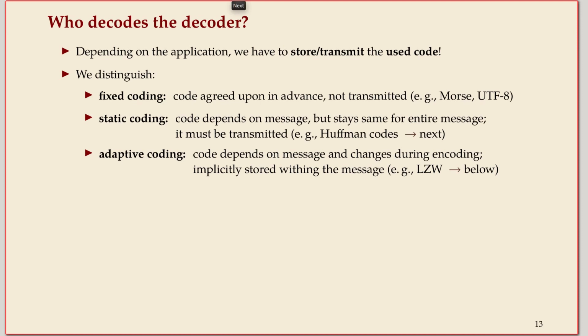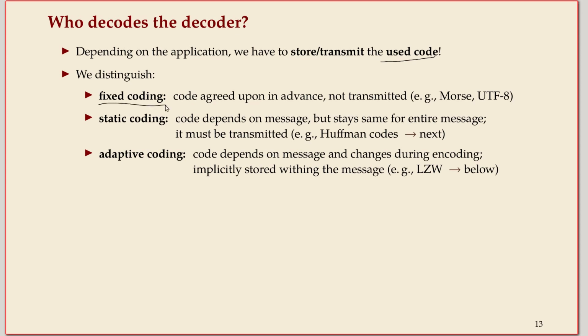Now here's a little nitpick that I want to discuss right at the beginning of this unit. Sometimes it's not so clear if the used code is part of the message that we have to store or not. And that's really the distinction between fixed coding and the rest.